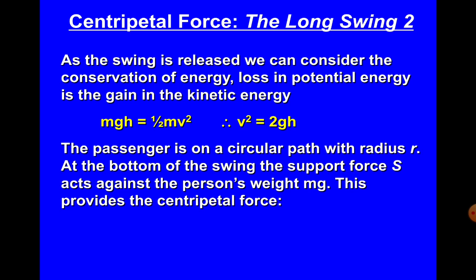So at the bottom we have S minus mg, just as before. Remember the other example I asked you about. Then we get that the support force is mg plus mv squared divided by r. And again, when you are making that swing, at the bottom you feel that the support force is bigger, and when you are more towards the top you feel much lighter.